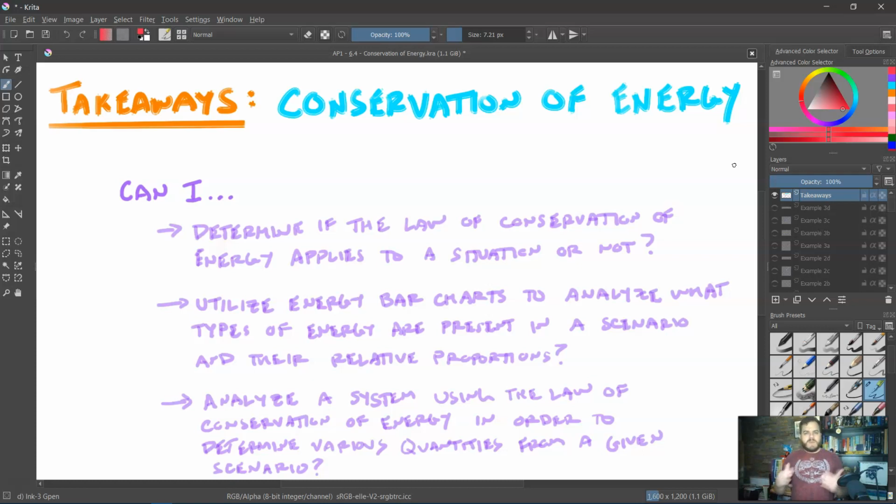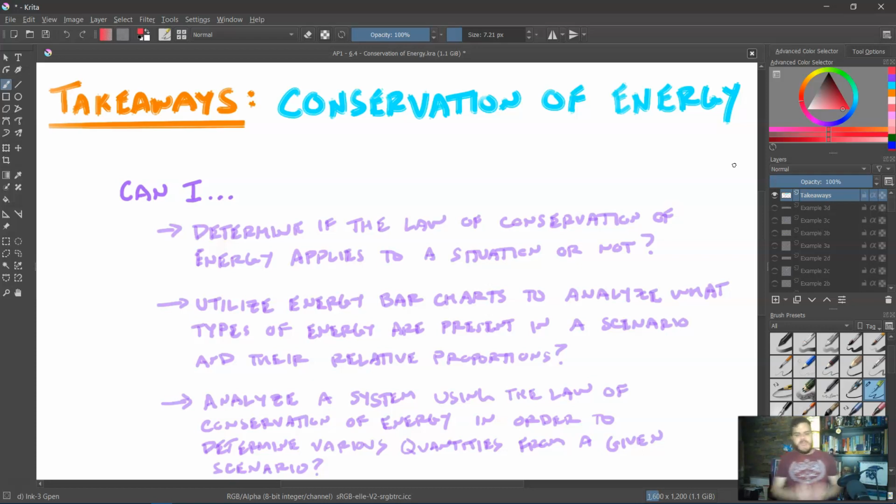Remembering that those always have to add up to the total mechanical energy. All the bars have to stack up to be equal to the total. And additionally, keeping in mind that when we have energy bar charts that are changing as time goes on, it's because the energy is moving from one type of mechanical energy to another. It's being transformed in these processes.